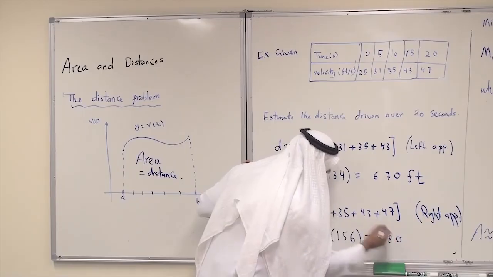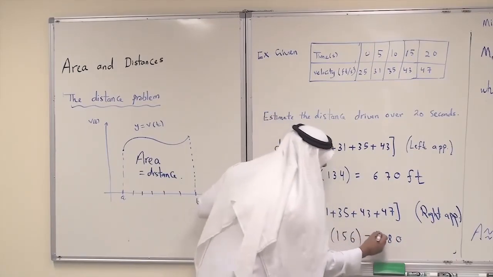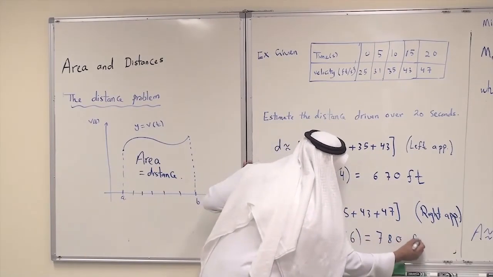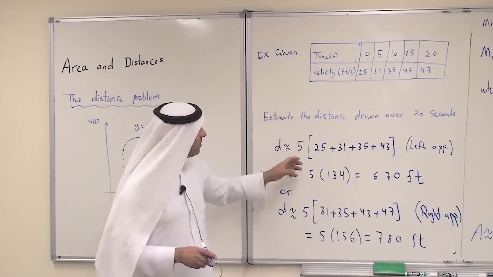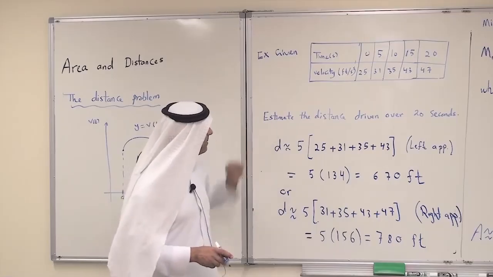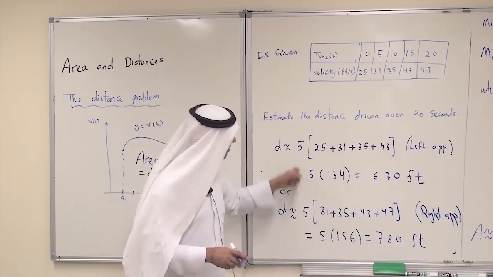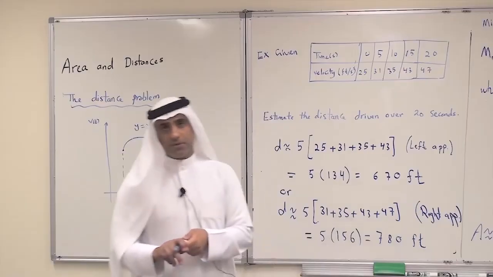Then 5 by 1, so that is 780 feet. You can see now we get two types of approximations. According to the experiment here, we were able to approximate the distance using left point and right point approximation.